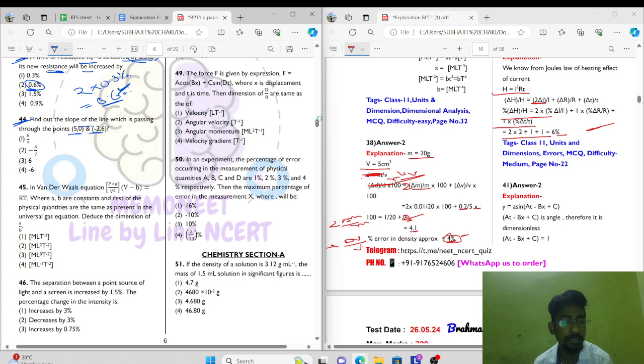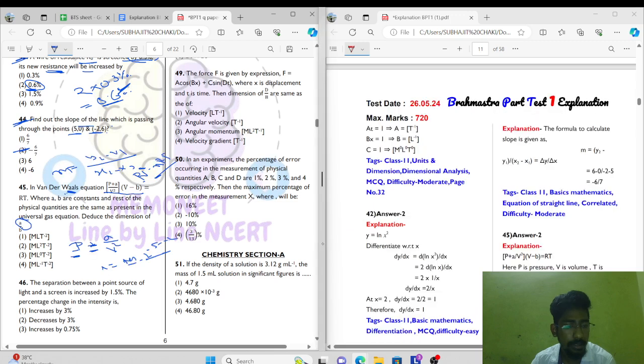Basic, simple. P plus A by V square: the dimension of P is equal to the dimension of A by V square, right? So that means the dimension of A will become ML minus 5 T minus 2. The dimension of B will be the same as the dimension of V, it will become L cube. So that means the dimension of A by B will be ML2 T minus 2.